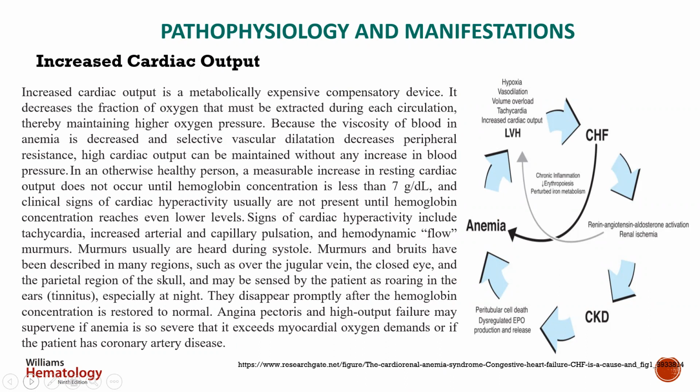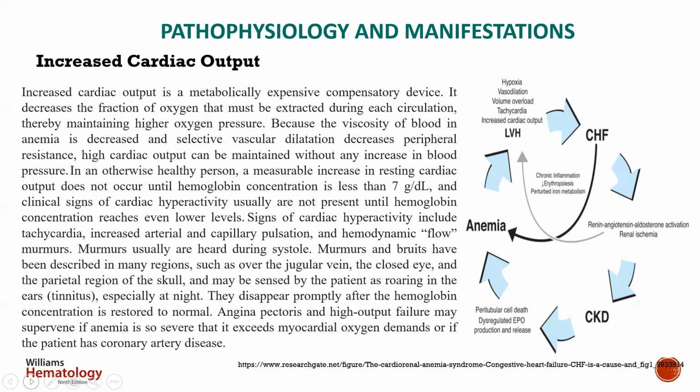In an otherwise healthy person, a measurable increase in resting cardiac output does not occur until hemoglobin concentration is less than 7 grams per deciliter, and clinical signs of cardiac hyperactivity usually are not present until hemoglobin concentration reaches even lower levels.